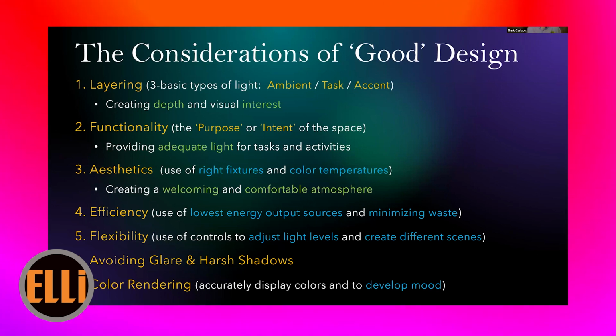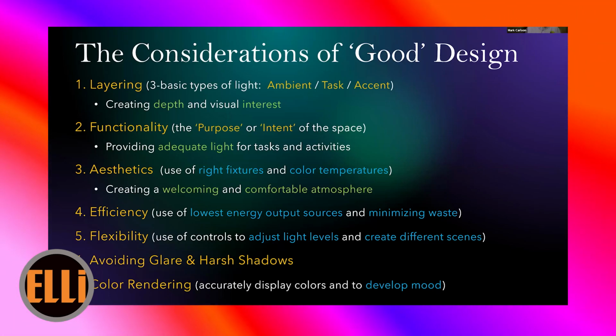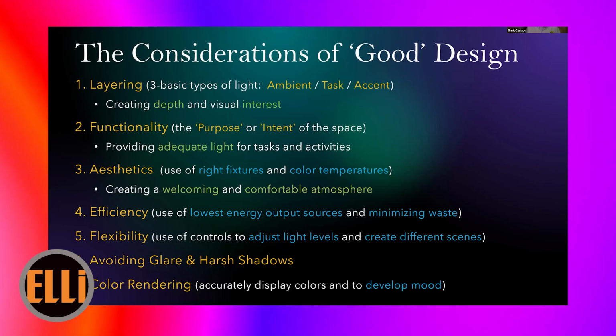Efficiency. Obviously, in today's world, everything's about energy efficiency and minimizing waste, and those ideally have to be part of the goals of your good design. Flexibility comes down to basic controls. How do you want to control the lighting system? Is it all on, all off?